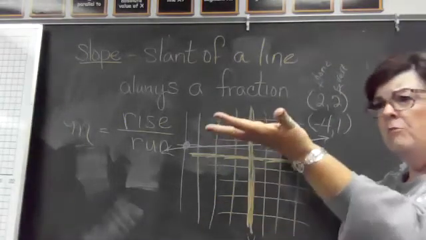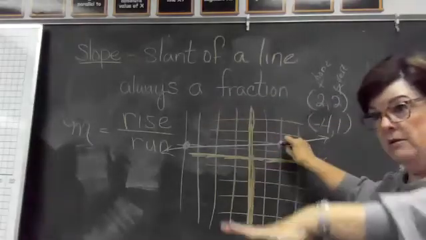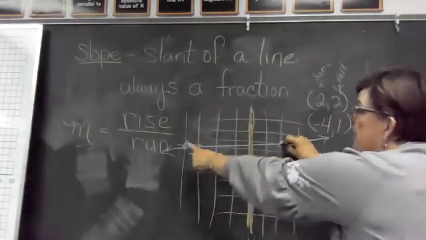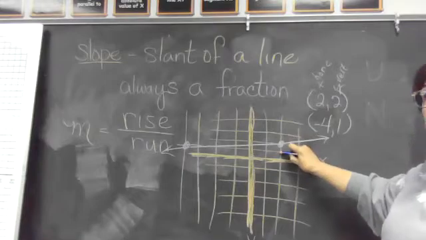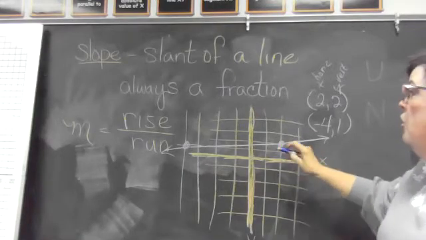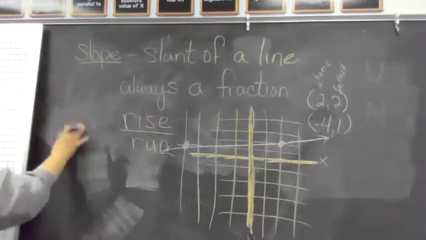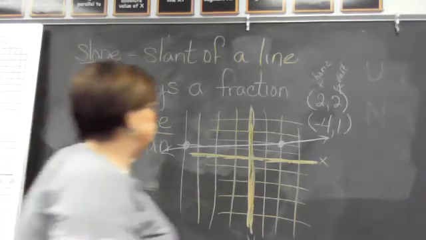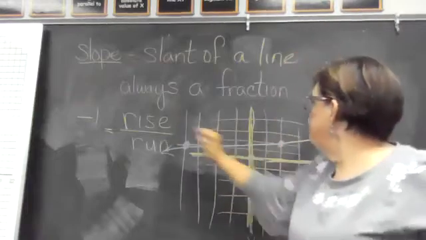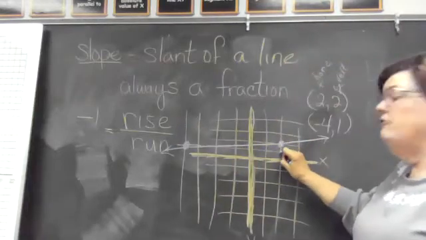Now, the rise means up or down, right? Rise usually means up, but it can be a negative rise. So to get to her house, I'm going to have to move down 1 block, right? So my rise is going to be a -1. Do y'all see? My rise from my house is a -1.